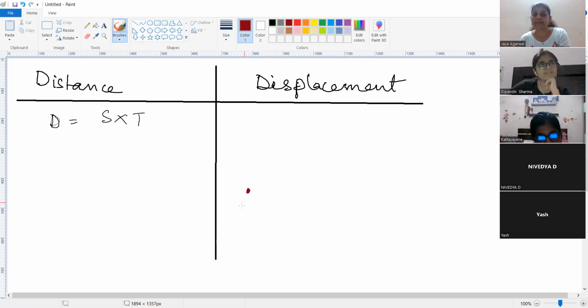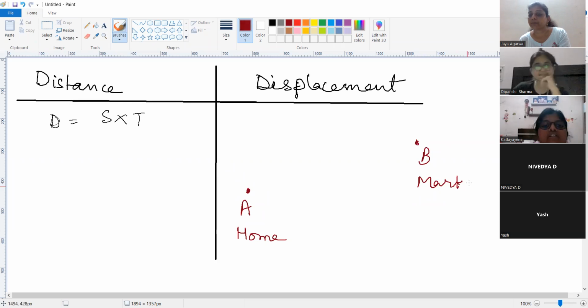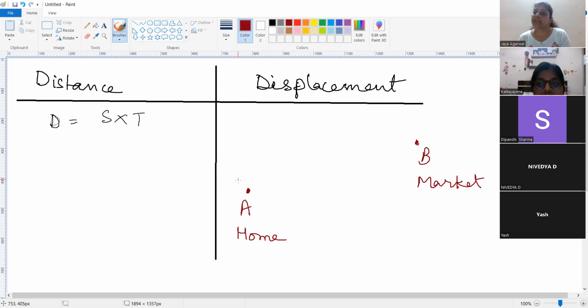I'll take an example of a position A and a position B. Position A is your home and position B is your market. Whenever we go to the market, do we go straight to the market, or do we take the straight road, then turn here, then turn here, and then turn here?